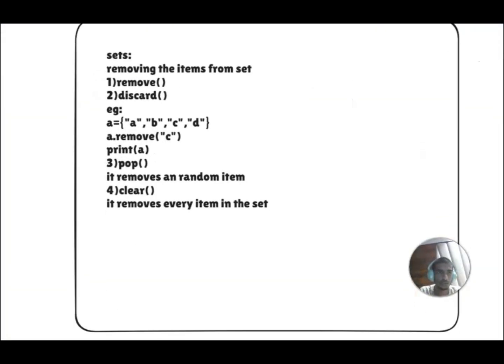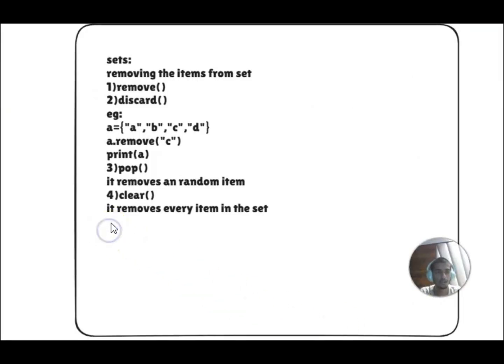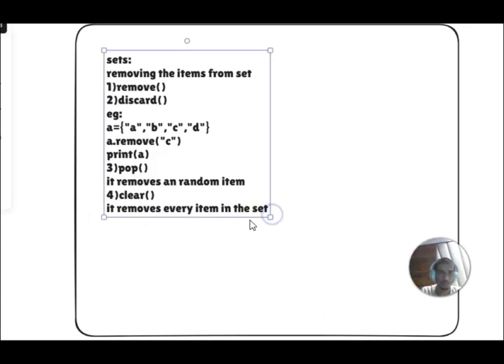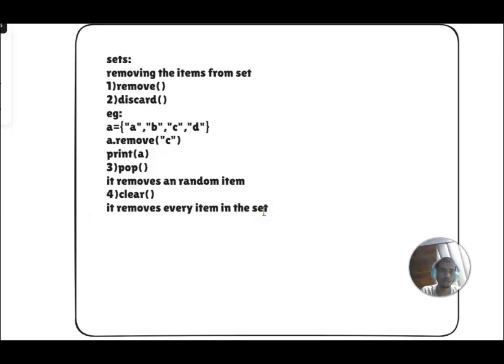Now let's use one more thing, the del keyword. When you use the del keyword, it deletes the tuple. Sorry, it deletes the set. Let's try it in VS Code.